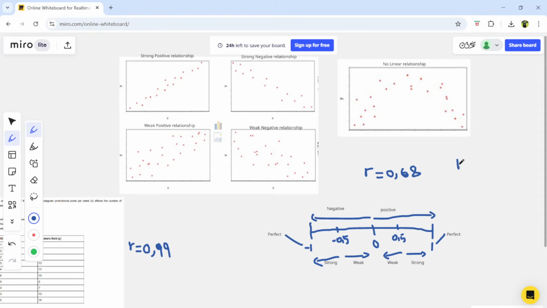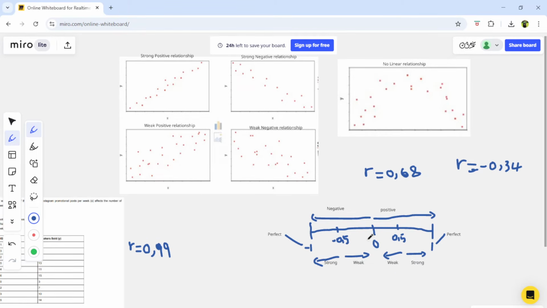Let's get another example. r is equal to minus 0.34. First things first, you ask yourself, is this positive or negative? It's negative because it is a minus 0.34. So 0.34, is it more or less than 0.5?